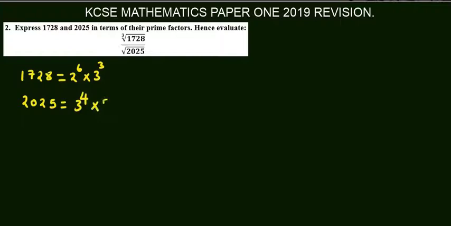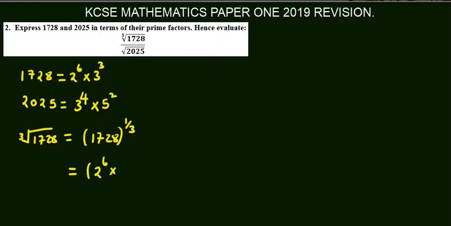Now on the numerator we have cube root of 1728, which can also be expressed as 1728 raised to power a third. That means for the numerator we will have 2 power 6 by 3 power 3 raised to a third.